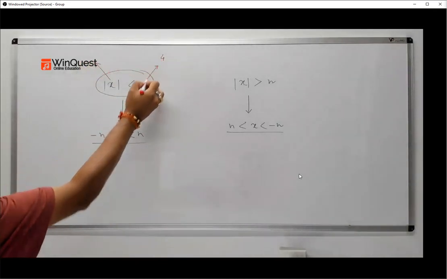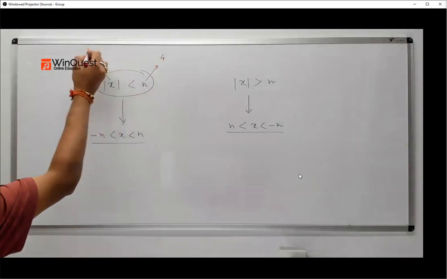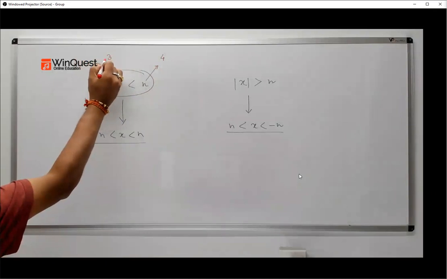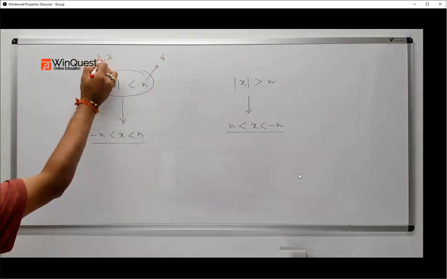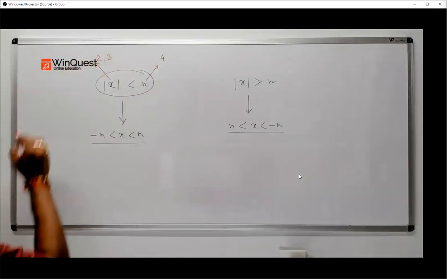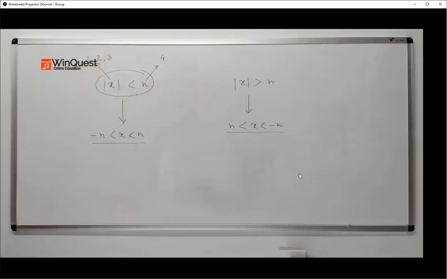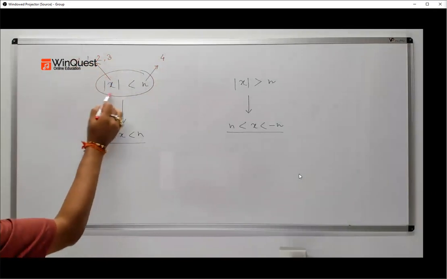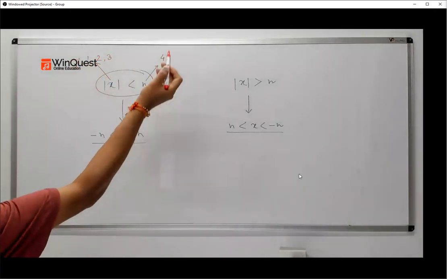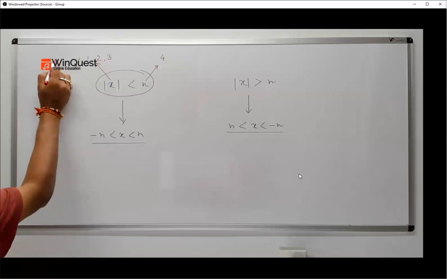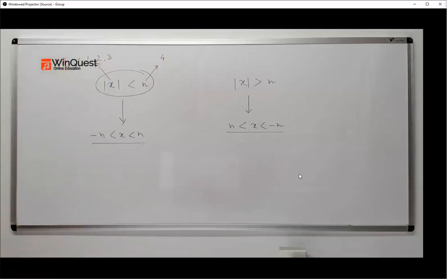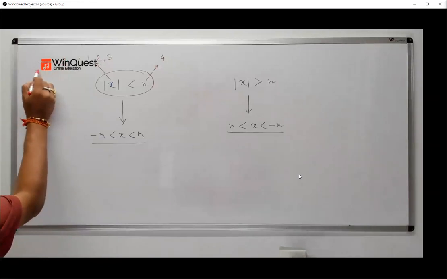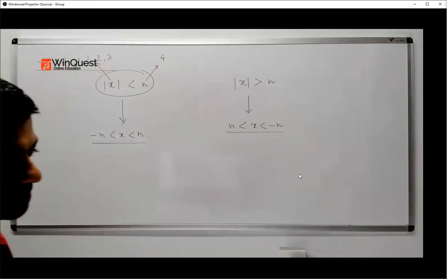If n is equal to 4, then 3 is less than 4, valid number. 2 is less than 4, valid number. 1 is less than 4, valid number. Minus 1, because it will become an absolute value, is less than 4, valid number. Minus 2, valid number. Minus 3, valid number. Are all these valid numbers? Yes.